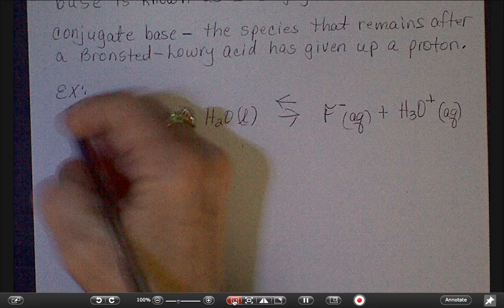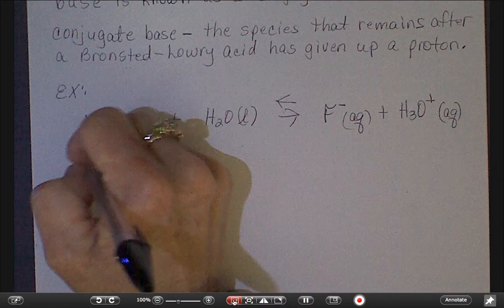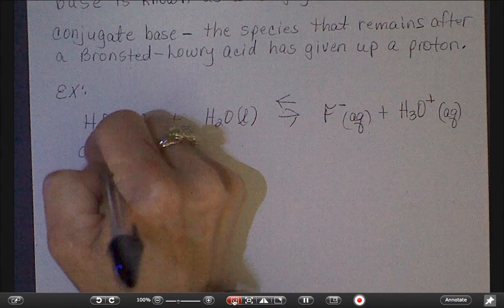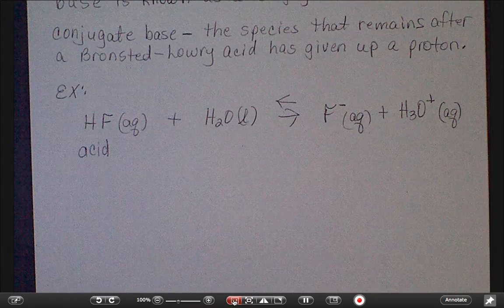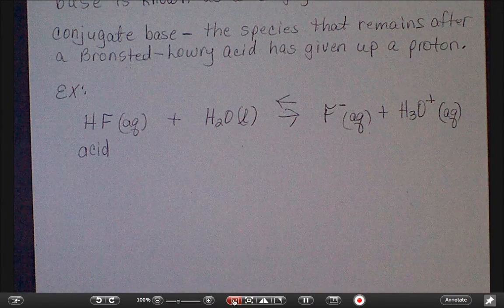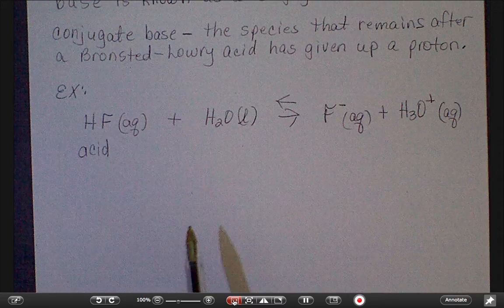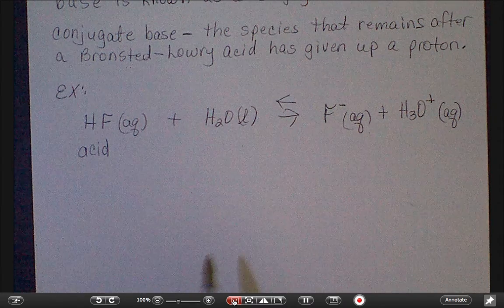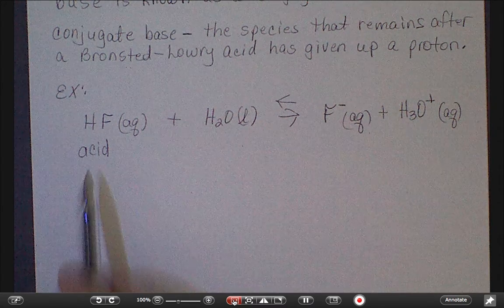HF. So we label this one the acid. Now then, the conjugate base is what's left after the H is gone.